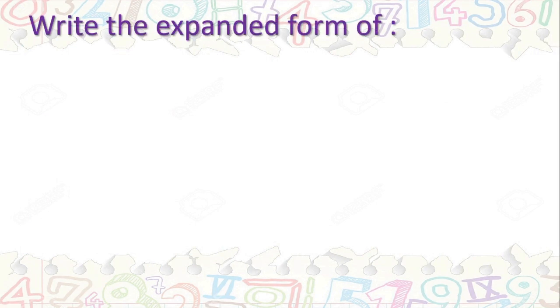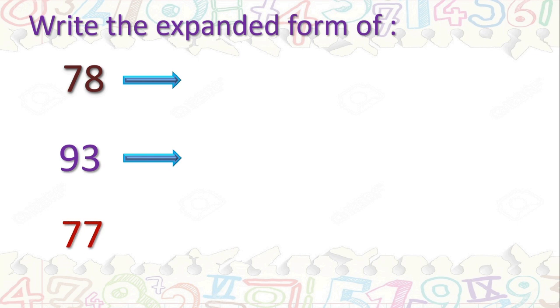Write the expanded form of the numbers. Yes dear children, here we can see some numbers. We will try to write the expanded form of these numbers. And now I am sure that you know how to write the expanded form by using their place values.